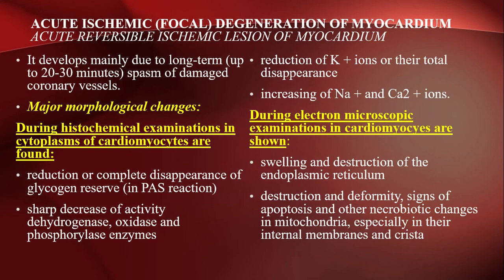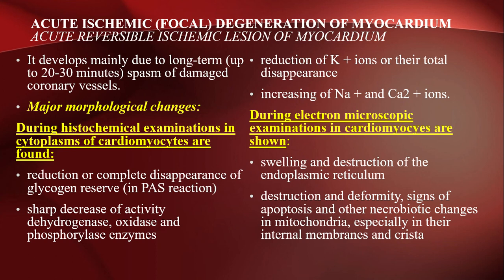Acute ischemic degeneration of myocardium, or the acute reversible ischemic lesion of myocardium, develops mainly due to long-term spasm, up to 20-30 minutes, of damaged coronary vessels.